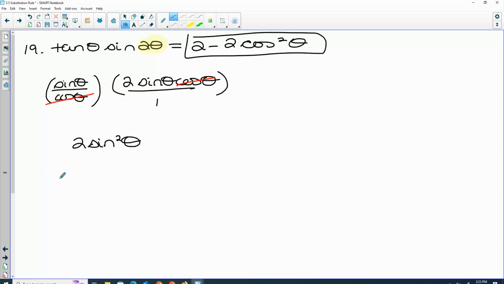I don't want sine. What can you change sine squared to? Yeah, using your Pythagorean identity. That's 1 minus cosine squared theta. Now, if you wouldn't have seen that, you would go work the other side, and you can get there. But then, if we distribute our 2, we get 2 minus 2 cosine squared theta.